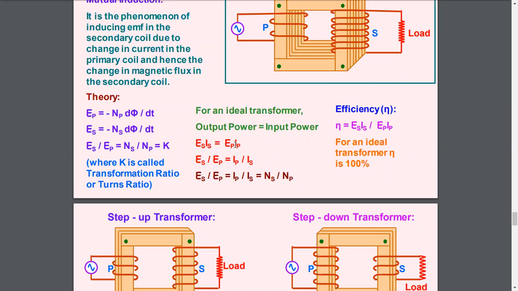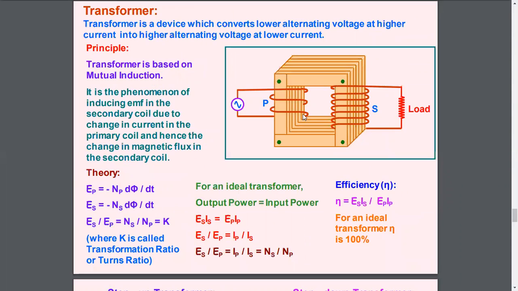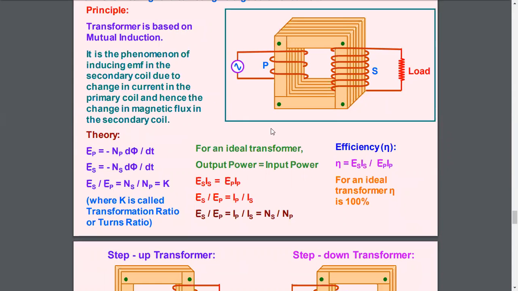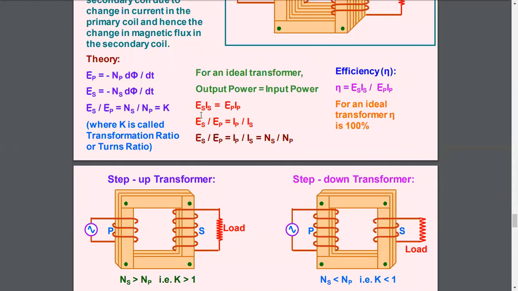So for an ideal situation, that is, during transformation no power is dissipated, then the power given to the input coil must be equal to the power given as output. So ES into IS is the output power, that is, power across the secondary coil, and EP into IP, power across the primary coil. So this must be equal.